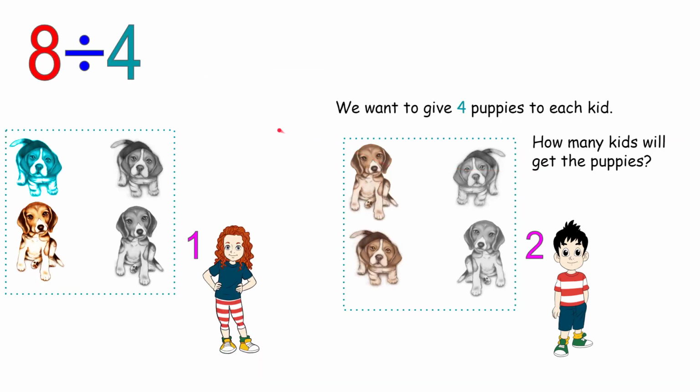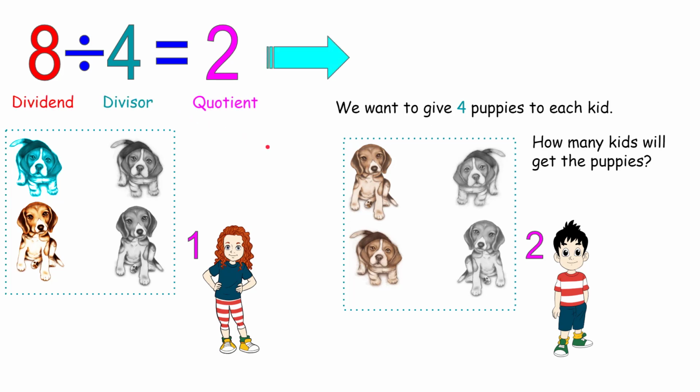In this case, we want to give 4 puppies to each kid and we want to find out how many kids will get them. We use the same thing, 8 divided by 4, which is 2.